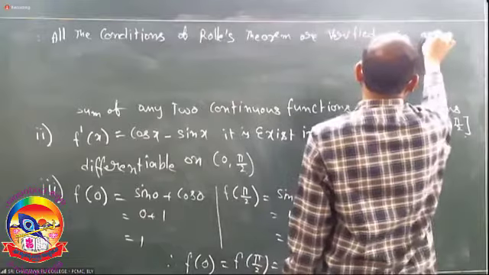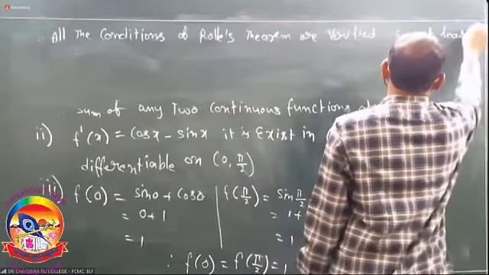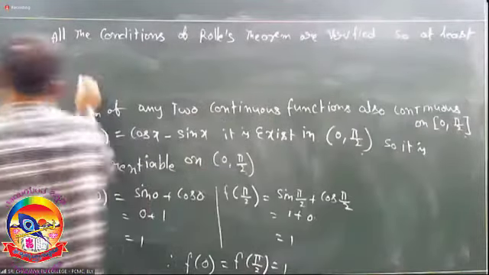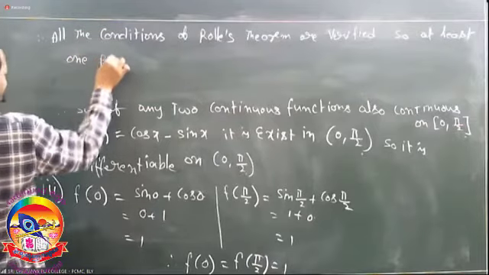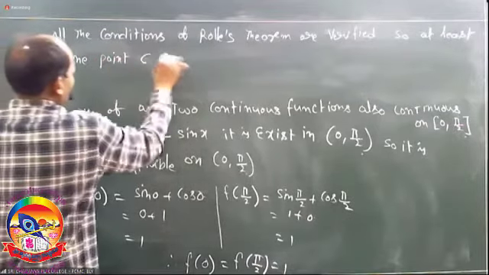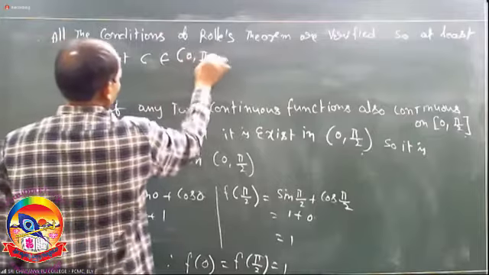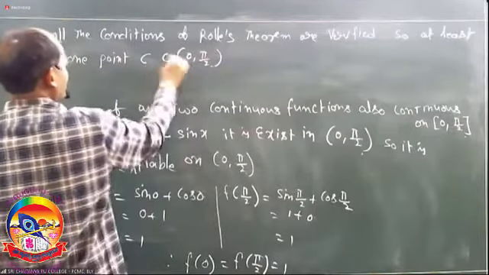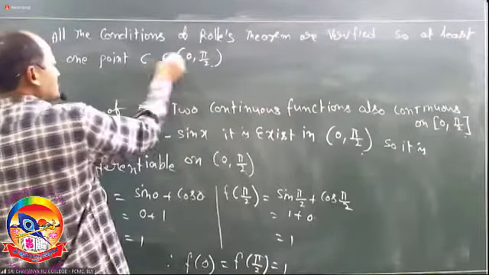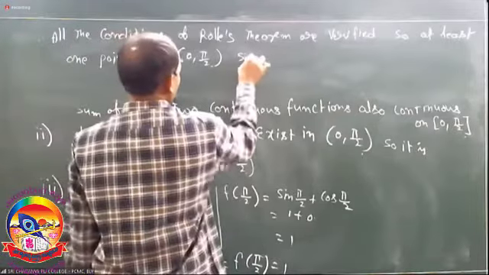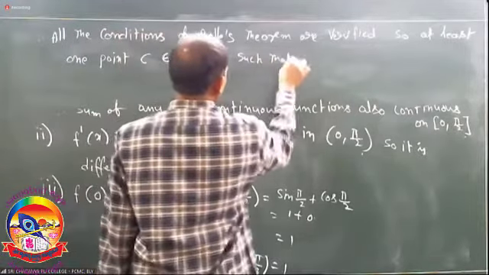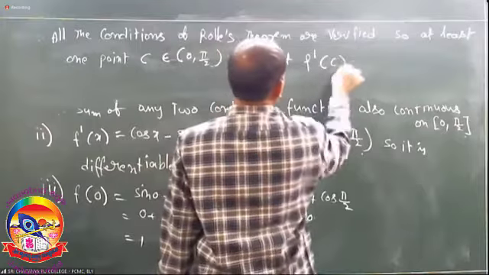At least one point C belongs to 0 to pi by 2 such that f dash of C is equal to 0.